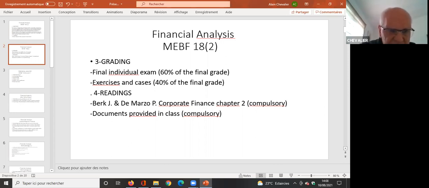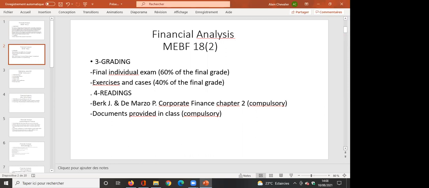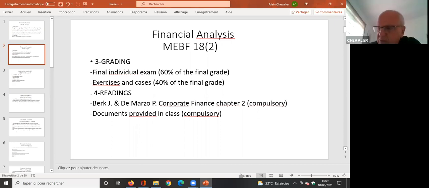The second point here, number 4, is for the readings. It's easy to identify the chapter, pages and documents to read, because you received a book, which is the Berk DeMarzo corporate finance book, and chapter 2 is a good chapter dedicated to financial analysis. So read the financial analysis chapter of your textbook.